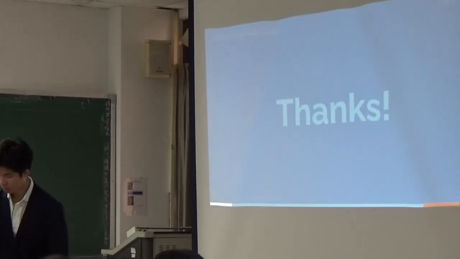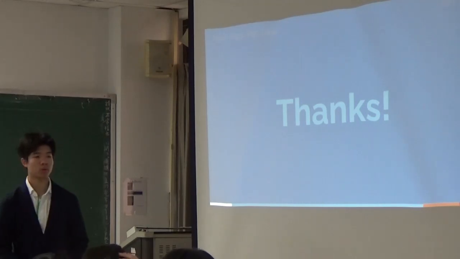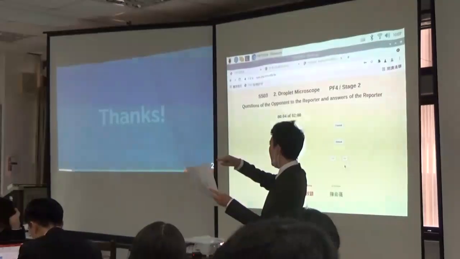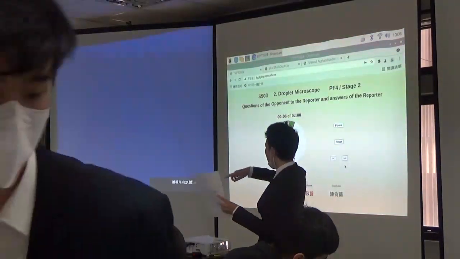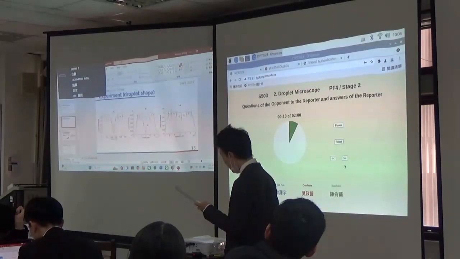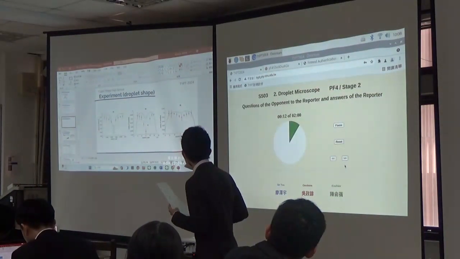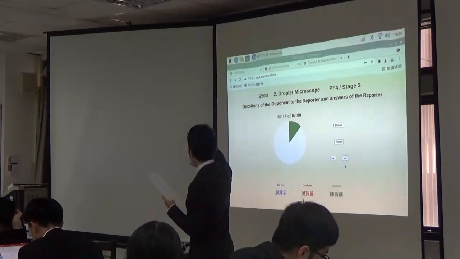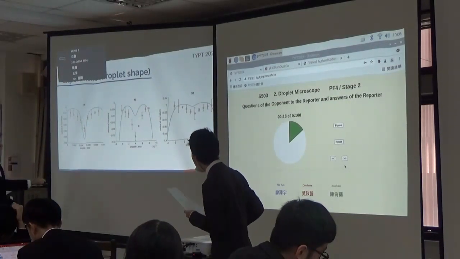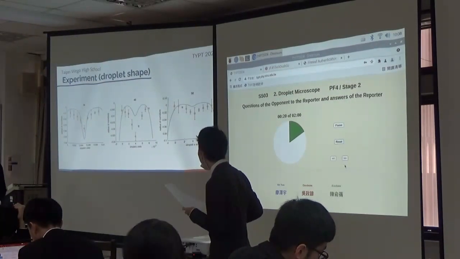Okay, opponent. First, can you turn your presentation to the page where you did a line that looks like this? Can you explain further what the x and y axes are? The x-axis is the droplet axis.